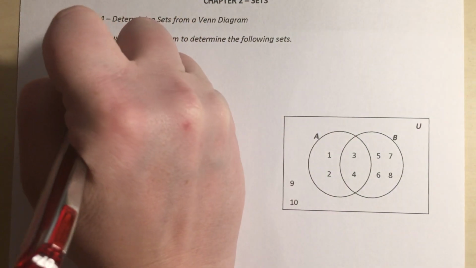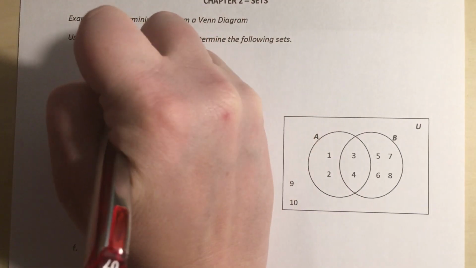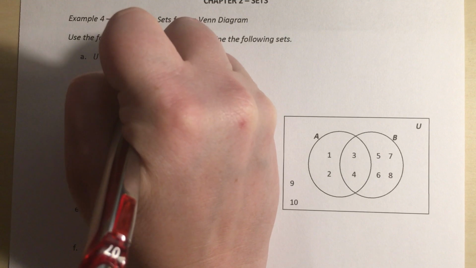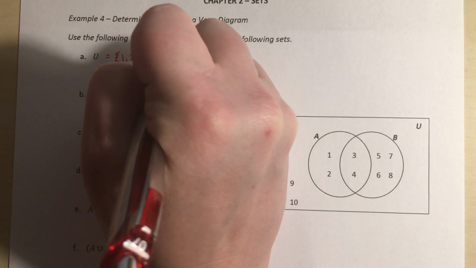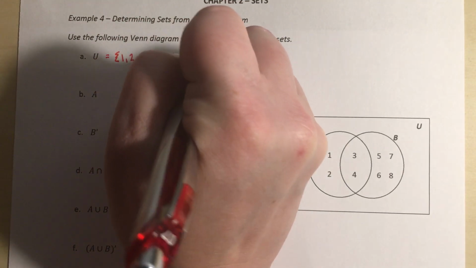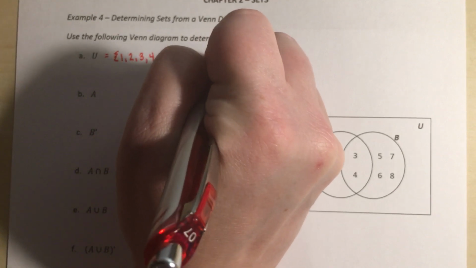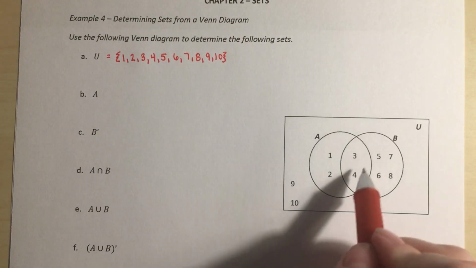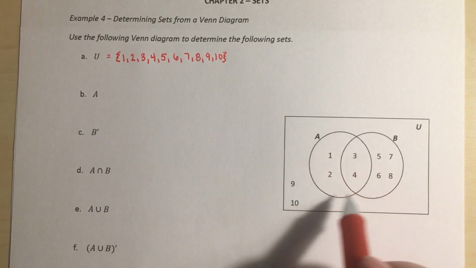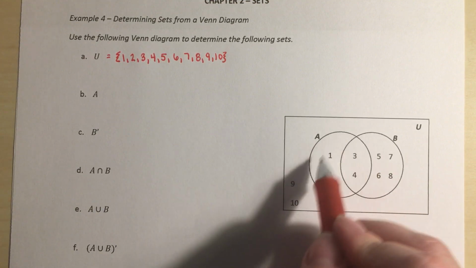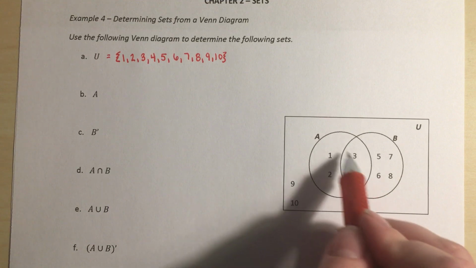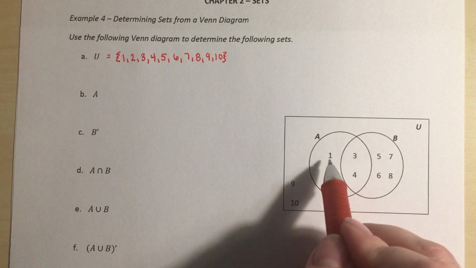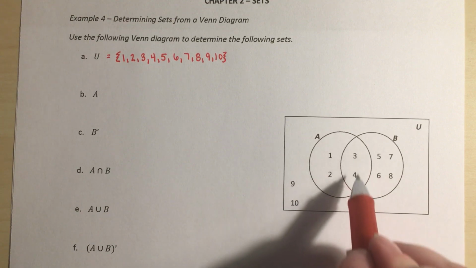So U is going to be the natural numbers from 1 to 10. Set A is anything that's in this circle on our left, which is regions 1 and 2. So set A is going to include numbers 1, 2, 3, and 4.